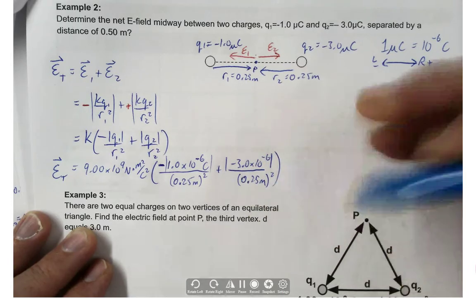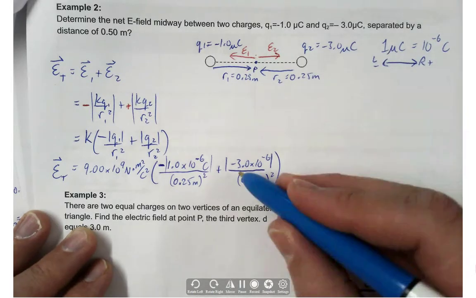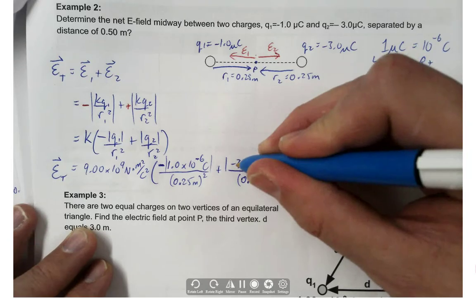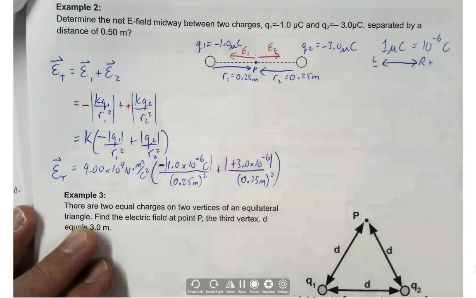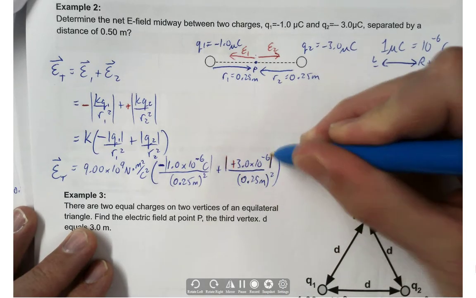If you know you're a sloppy copier and you'll mess up a negative sign inside the absolute values, turn it to a positive sign right away, because that positive sign is there due to the absolute values.